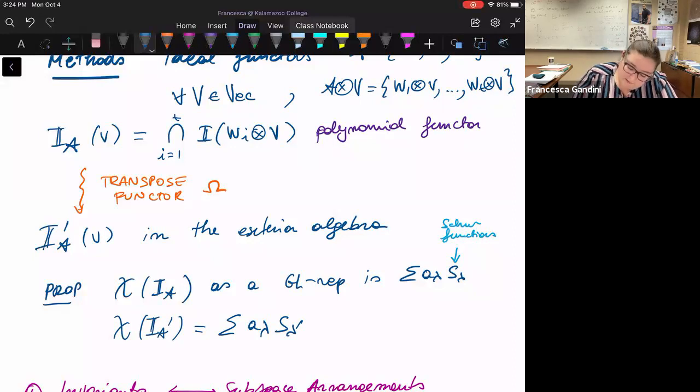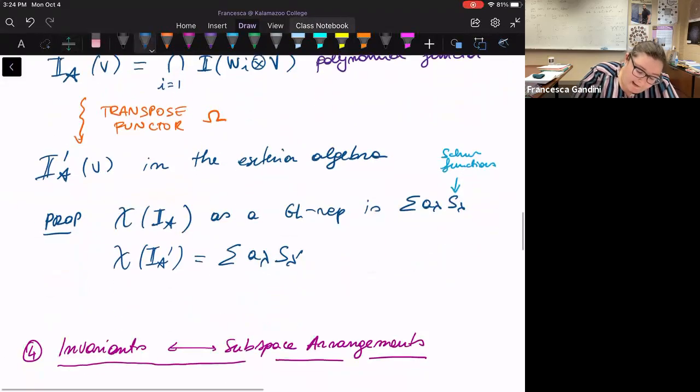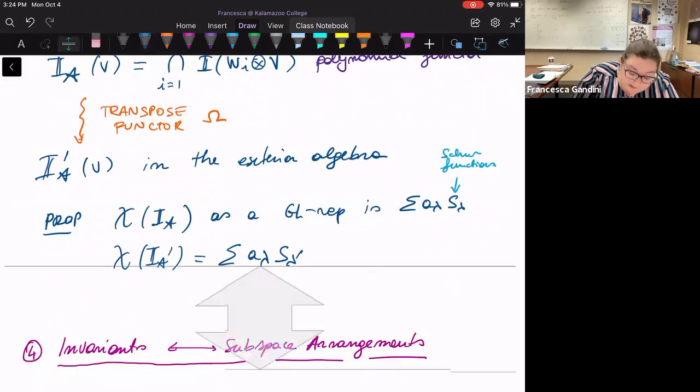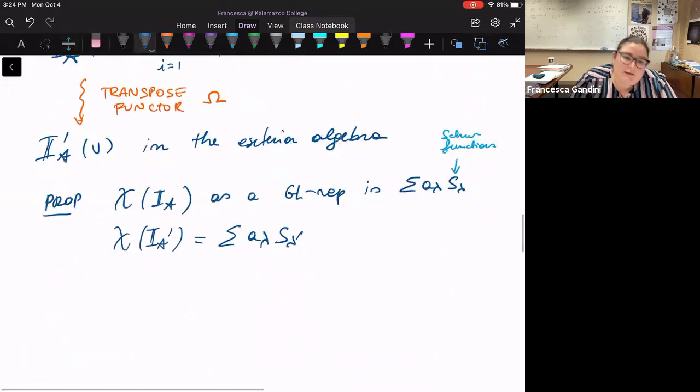And I've used the nomenclature for this character of IA as the equivariant Hilbert series, because especially in the case in which you're looking at a product ideal instead of an intersection ideal, you can literally read off the Tor modules that appear in a resolution from this character.